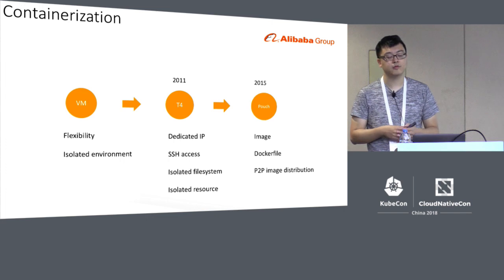When we adopted the T4 technology, we did not want to change the habits of maintenance and operation of VMs, and at that time we offered a dedicated IP and isolated system and resources. So the migration was quite smooth.